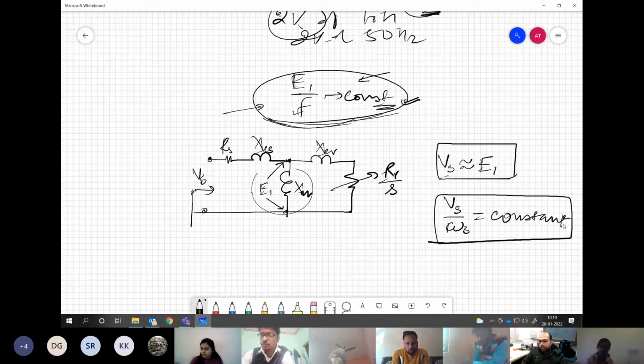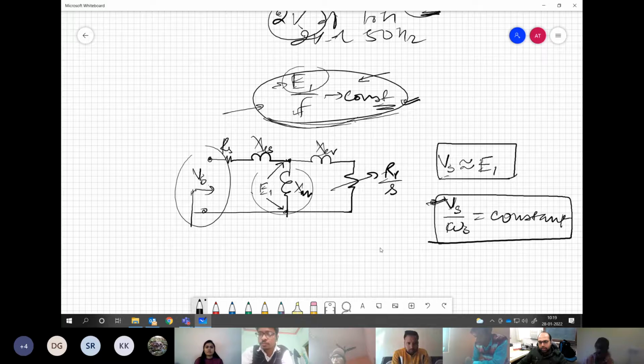This is more practical because this can be measured, and we are giving it from an external source where we have the facility to vary this voltage. E1 cannot be measured, it is kind of fictitious; we have only a theoretical value of it.